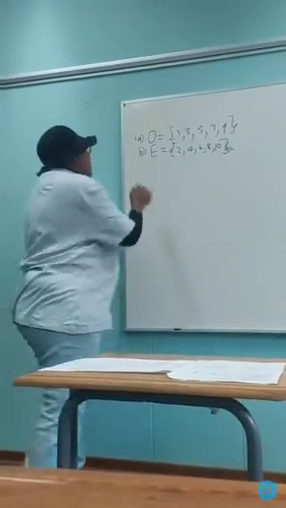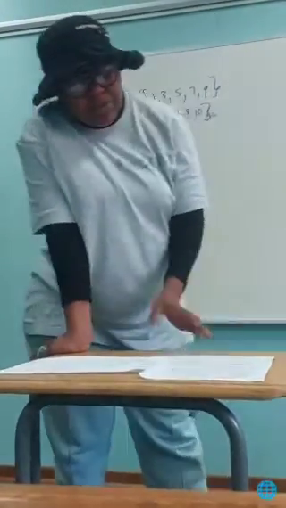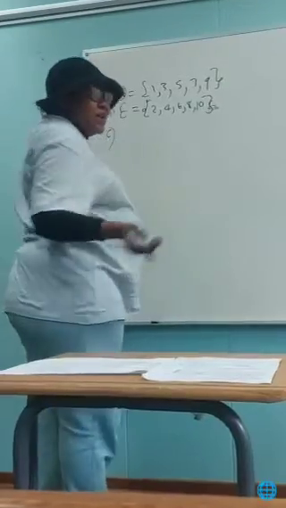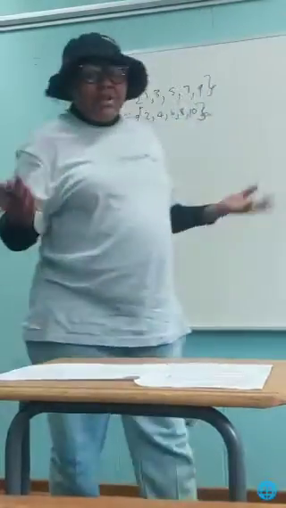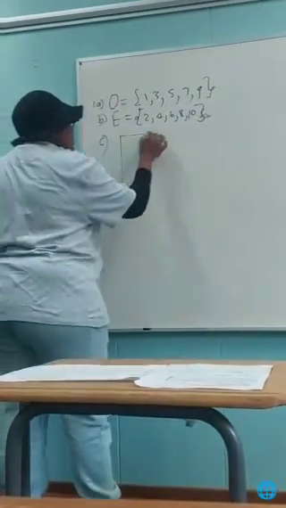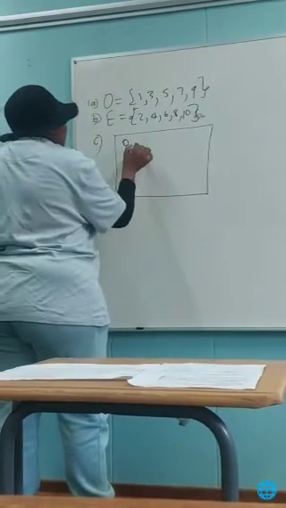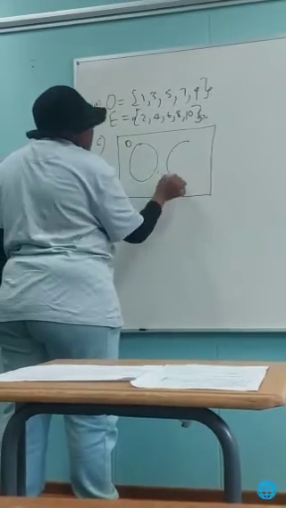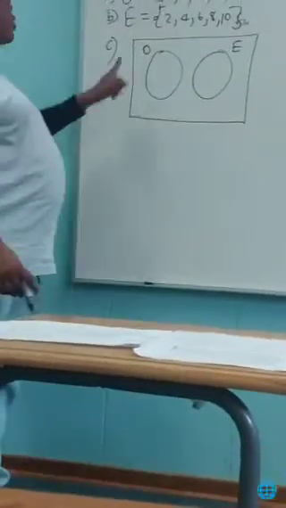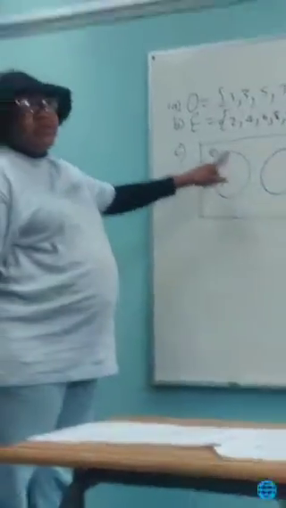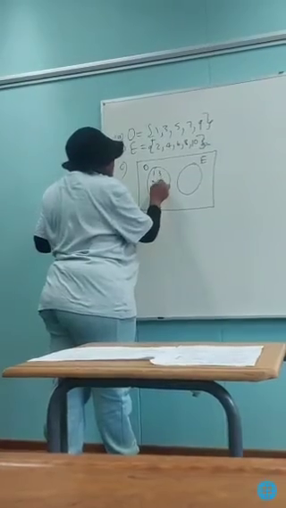So now we're going to draw a Venn diagram, as has been explained before. We have this block, and we're going to have event O and event E. In event O we find the odd numbers: 1, 3, 5, 7, and 9.